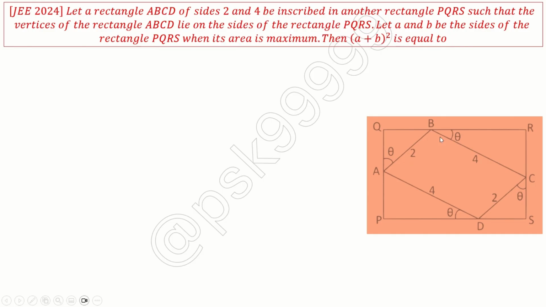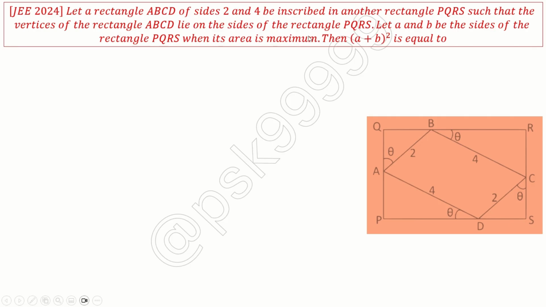So what it is trying to tell is this is A, this is B. And there is a rectangle ABCD inside the rectangle, where ABCD lies on the sides of the original rectangle, that is PQRS. Now, the question is for this rectangle PQRS area to be maximum, such that the rectangle ABCD lies on the sides.